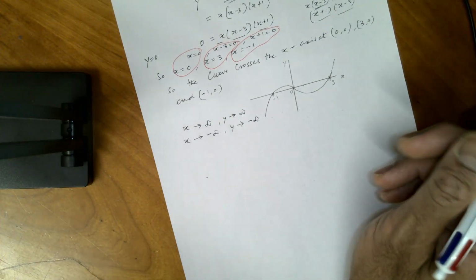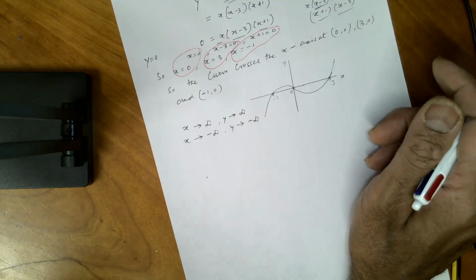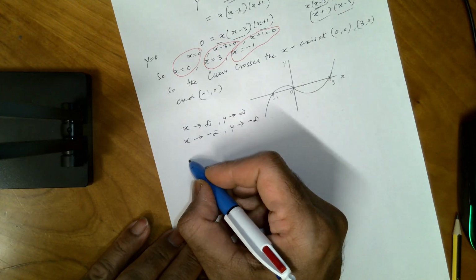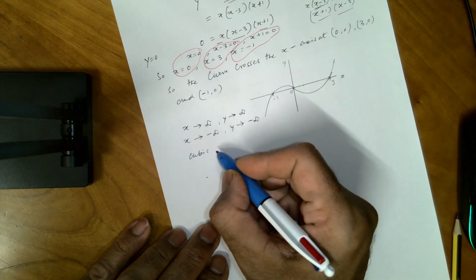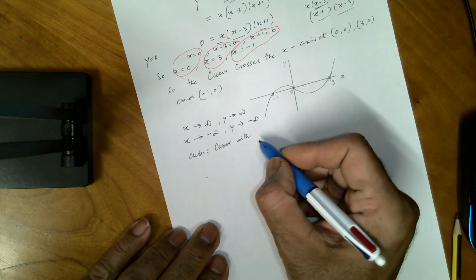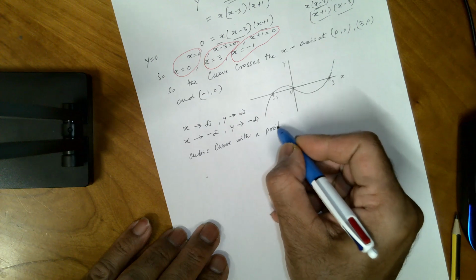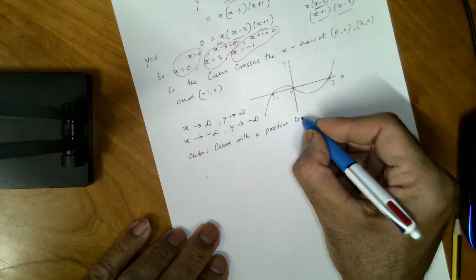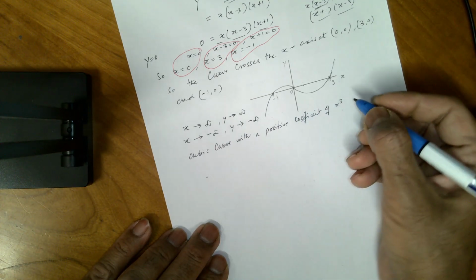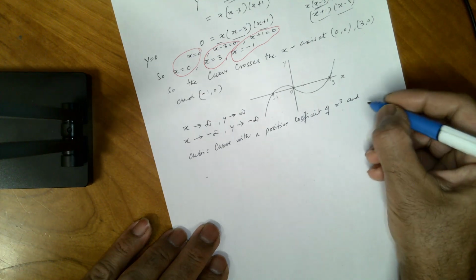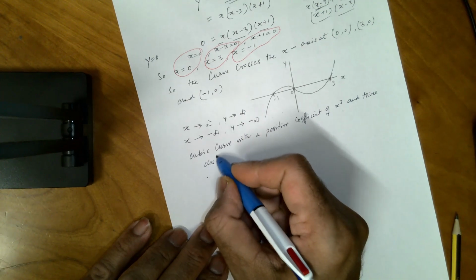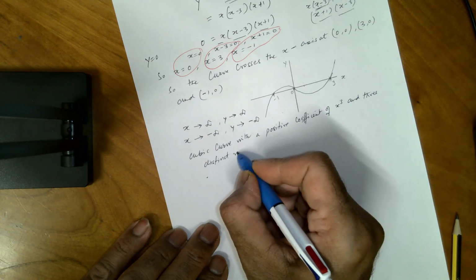Let me just write down here as well. So this is a cubic curve with a positive coefficient of x cube and 3 distinct roots.